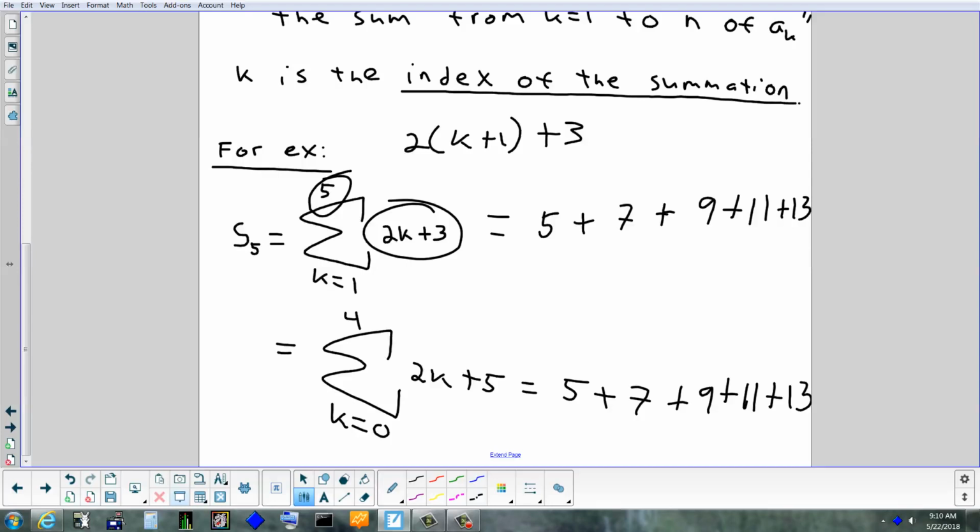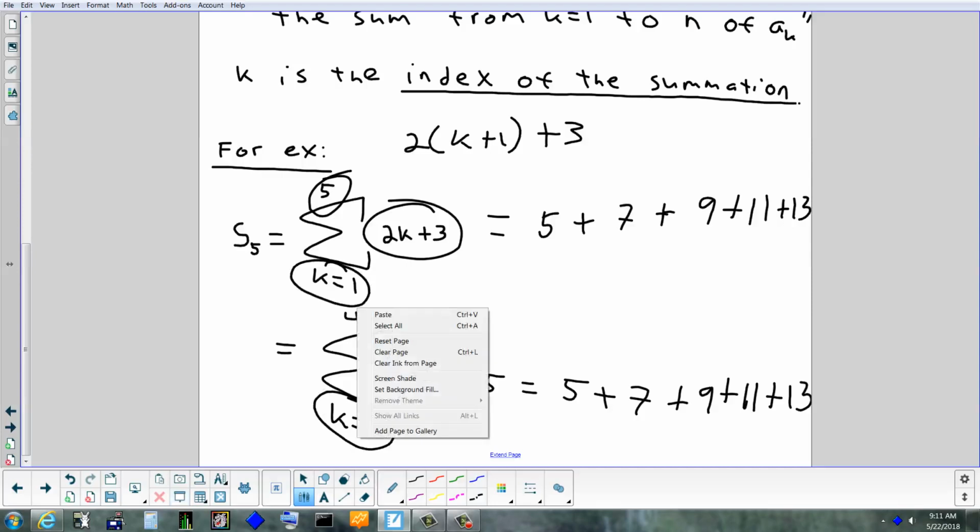And the way I kind of did it is basically if you take that number and bring it down 1, so it started at 1, you brought it down to 0, you have to balance it by bringing the other one up 1. So I brought the k down 1 to 0, and I'm going to bring the k here up 1. So whatever you do, you just have to keep it balanced.